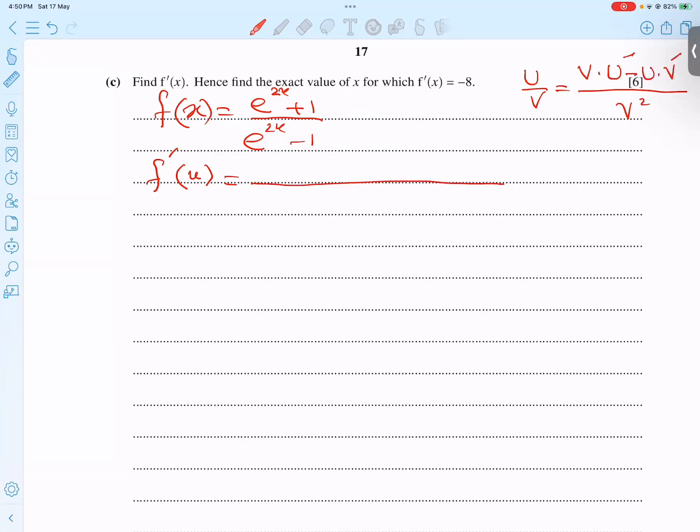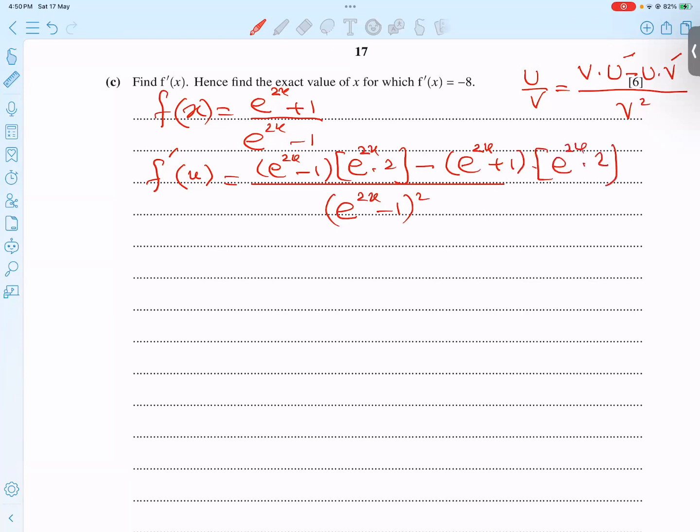So the square of the denominator, which I copy as it is, into the derivative of the numerator, which is e to the power 2x into 2, minus the numerator copy into the derivative of the denominator, which is the same.